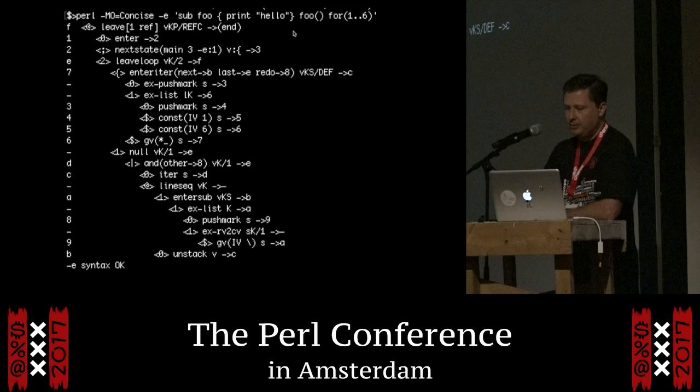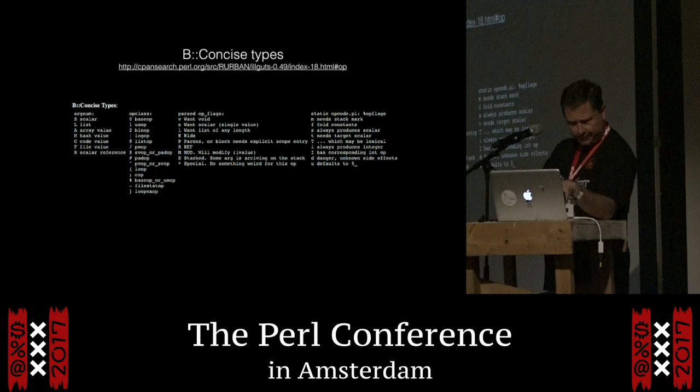The big difference is I'm calling foo 6 times, and you can see that we've got our enter iterator, so that's open squiggle, which I can't find again.